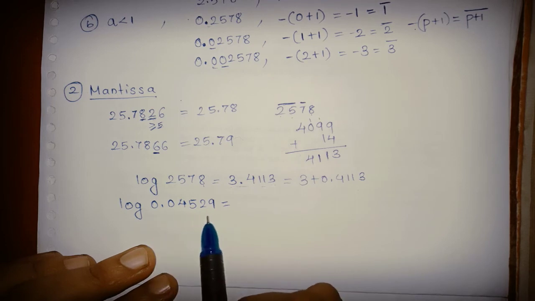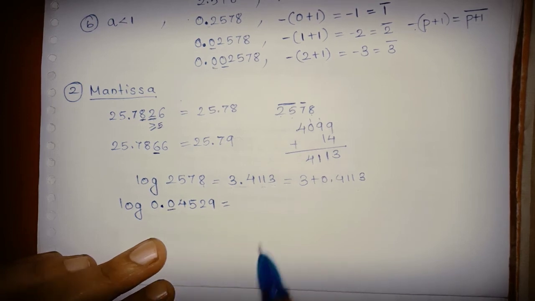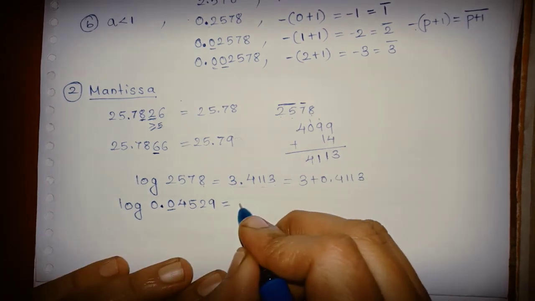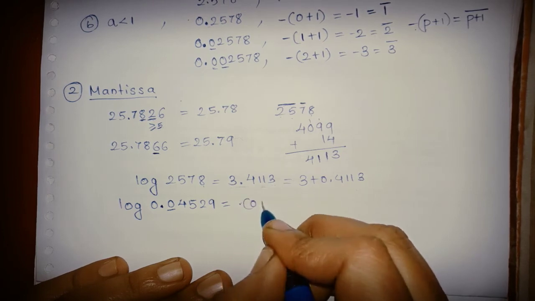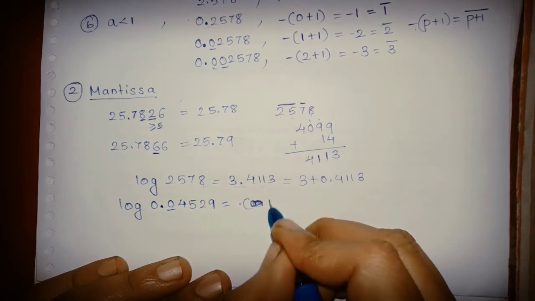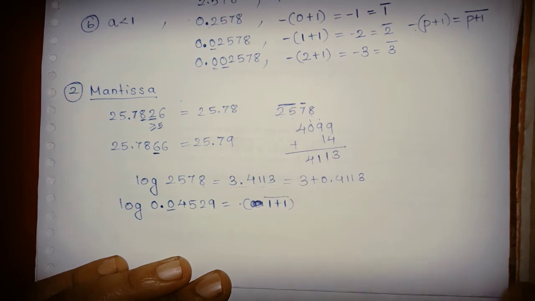So less than 1 means you have to see the zeros after the decimal point. 1 zero is there. So your characteristic is what? You can write here 0 plus 1, 1 zero is there, so 1 plus 1, you have to take bar.